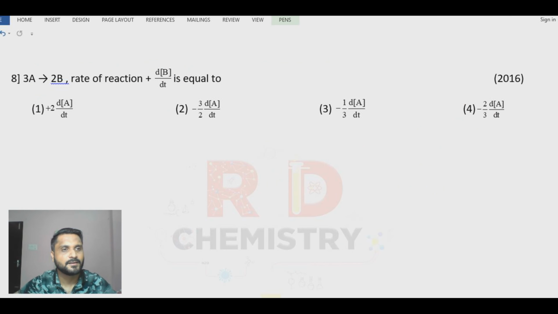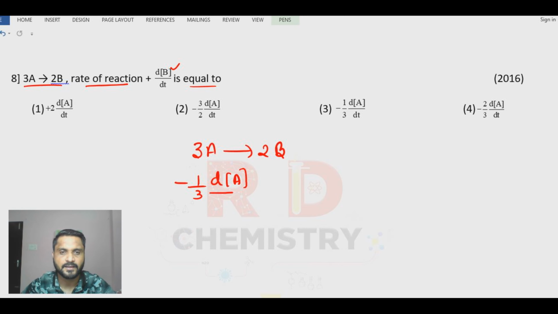Question number 8. 3A gives 2B. Rate of change of B is equal to, you have to calculate. When they give 3A giving 2B, we'll write down the differential equation minus 1 by 3 dA divided by dt, correct? With respect to reactant, rate of reaction decreases, minus.